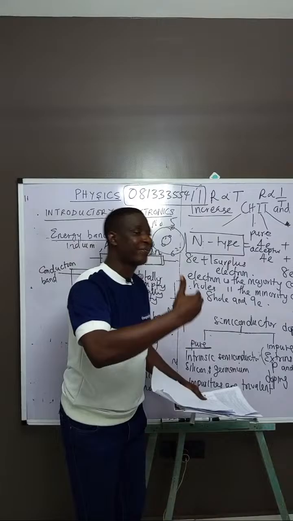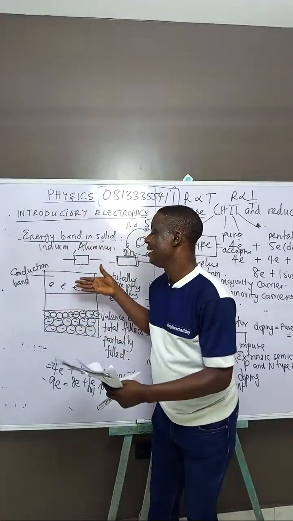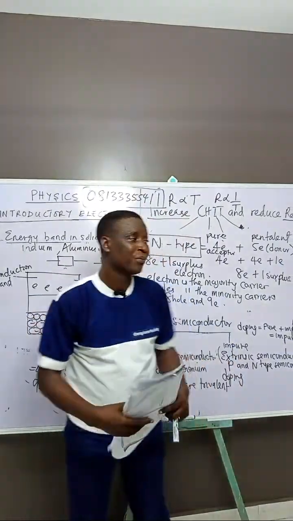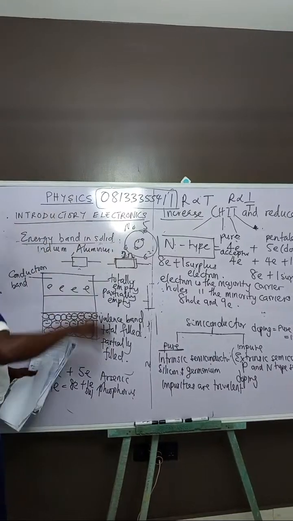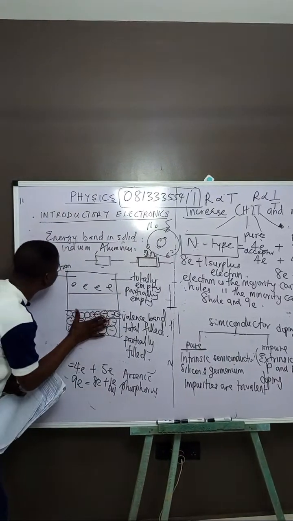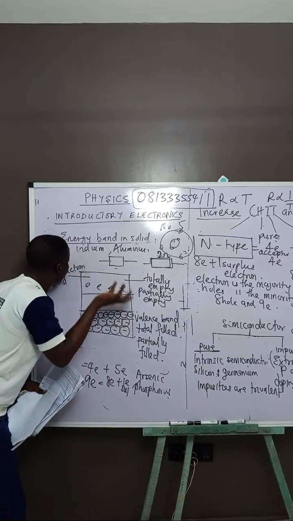But for an insulator, the conduction band is always empty, please. Why? Because the electron cannot move from the valence band to this place. Once electrons get to the conduction band, they become conductive.